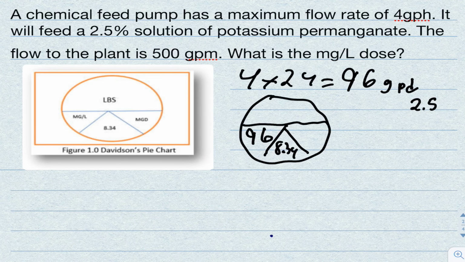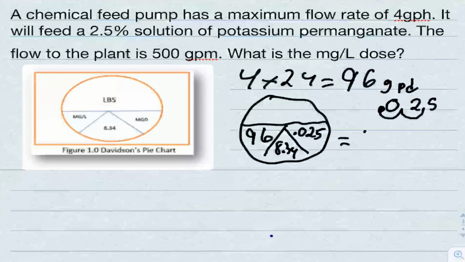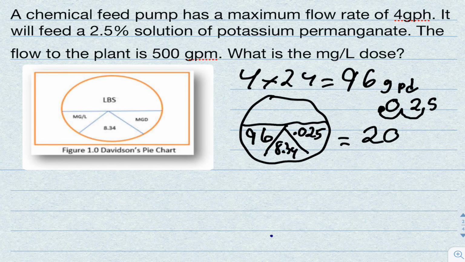To change that into a decimal, we need to move the decimal over 2 spots. 1, 2. That's where the decimal goes. So it's going to be 0.025. So let's put that here. Now when we multiply that across, we're going to get 20.016, and that is going to be our pounds.